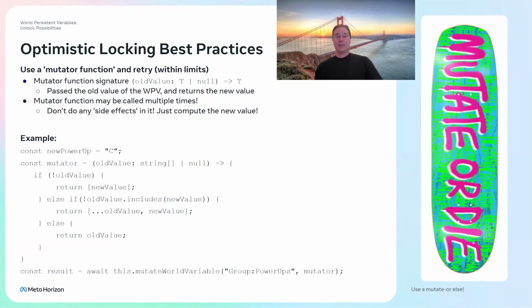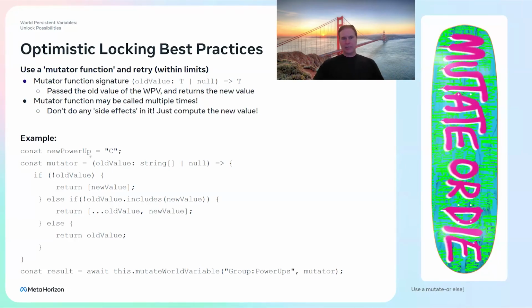It might be called many times, so make sure you're not doing anything with side effects. Don't update any other state in your program, because you have no idea how many times it will be called. It should just be focused on taking the current old value and returning whatever new value you want for that variable.